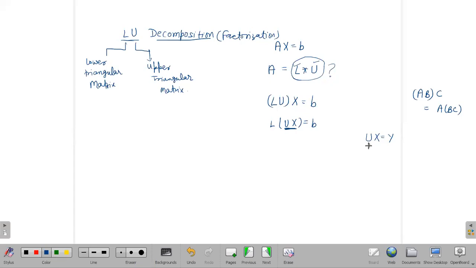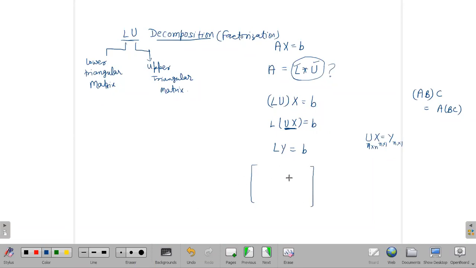Suppose U is an n cross n matrix and X is n cross 1 because it is a vector. So in the result you will get an n cross 1 vector only. So here you will write LY is equal to B. L is a lower triangular matrix, Y is another unknown, and B is known to you. What is a lower triangular matrix?